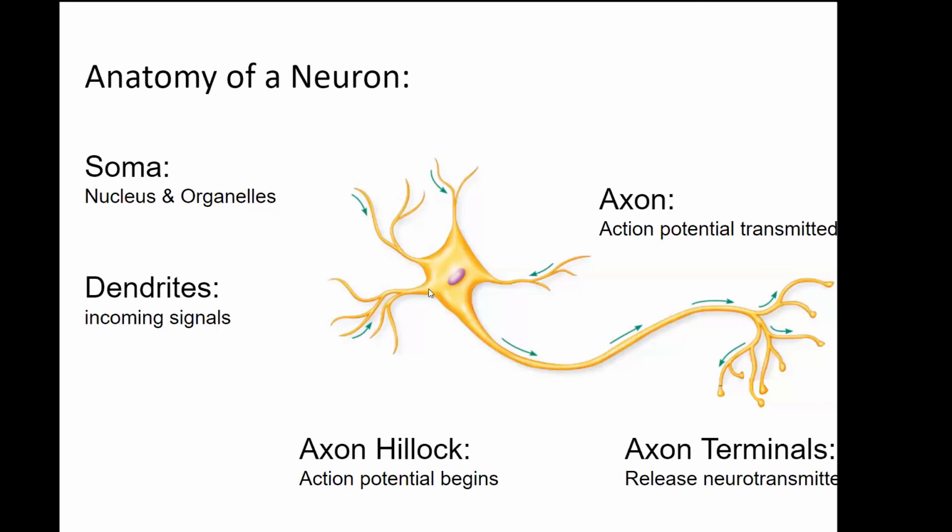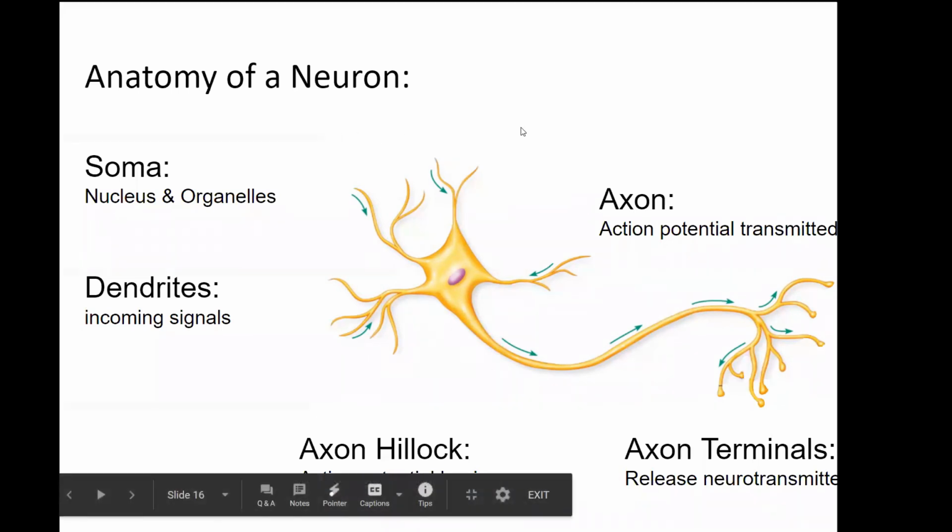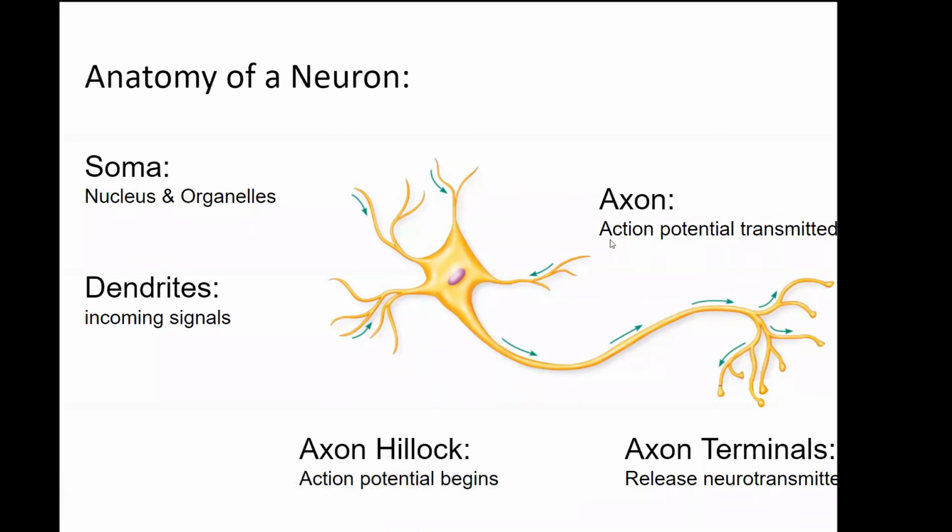Note this swelling, the triangle pyramid shape as we move into the long strand of the axon. This is called our axon hillock, the section of the soma that starts narrowing off into the axon. As we talk about the action potential, this is where we're going to start out. We'll see our action potential start right here, right before the beginning of the axon.